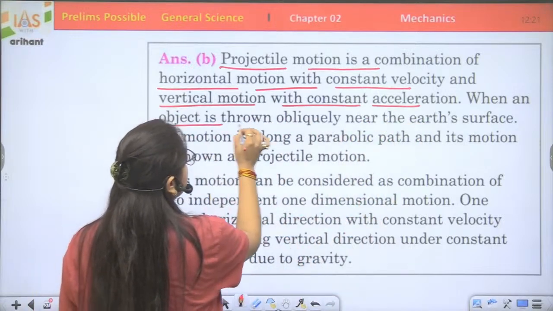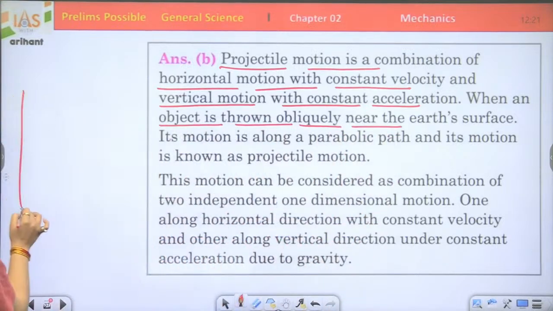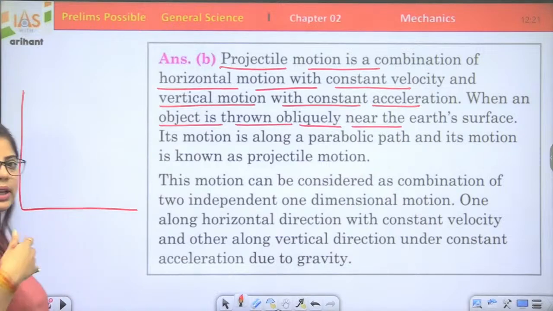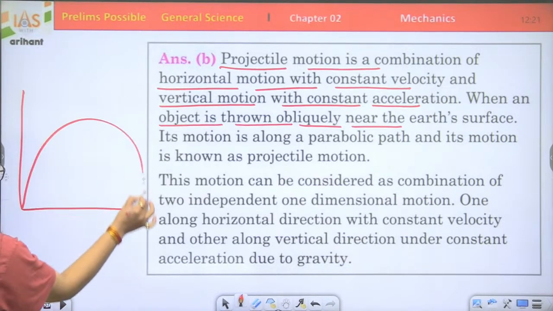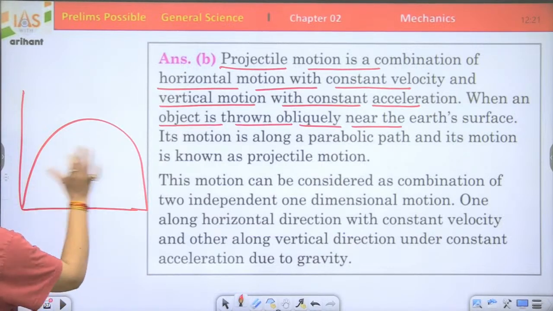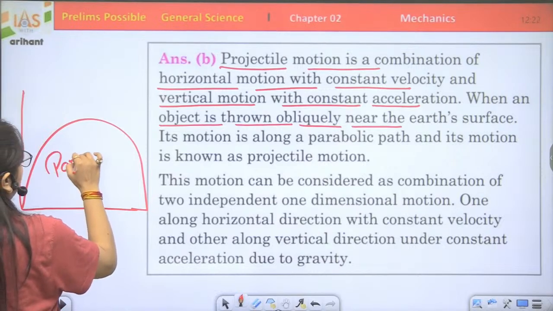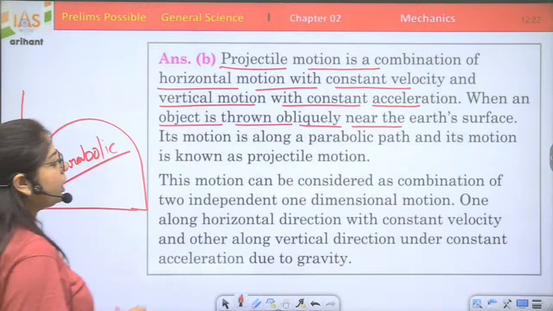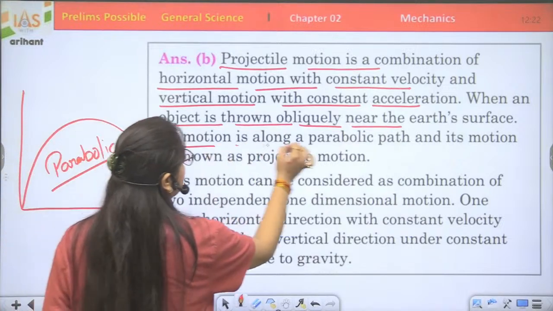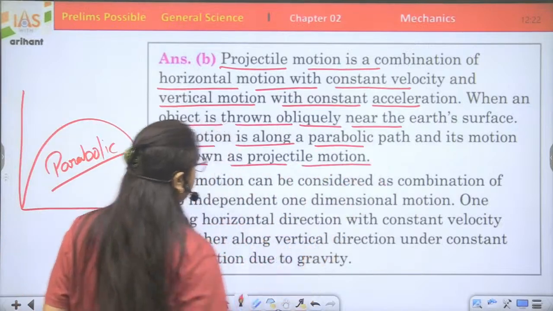When an object is thrown obliquely near the Earth's surface like this, you can also experiment with this projectile motion, right? This is the projectile motion and this path is called a parabolic path. Near the Earth's surface, its motion is along a parabolic path and its motion is known as projectile motion.